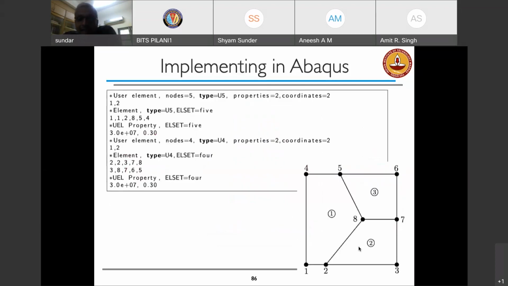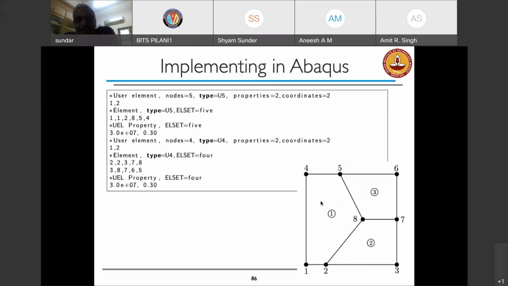Okay, so now I'm just going to give you a quick understanding of how it would work. So the Abaqus input file has certain keywords. You can define the elements, its material property and boundary conditions, and so on and so forth, right? So typically, let's say I want to solve this problem, a square domain with these three elements. You can see that elements 2 and 3 are standard elements with 4 nodes, 4 sides, whereas the first element is a polygonal element.